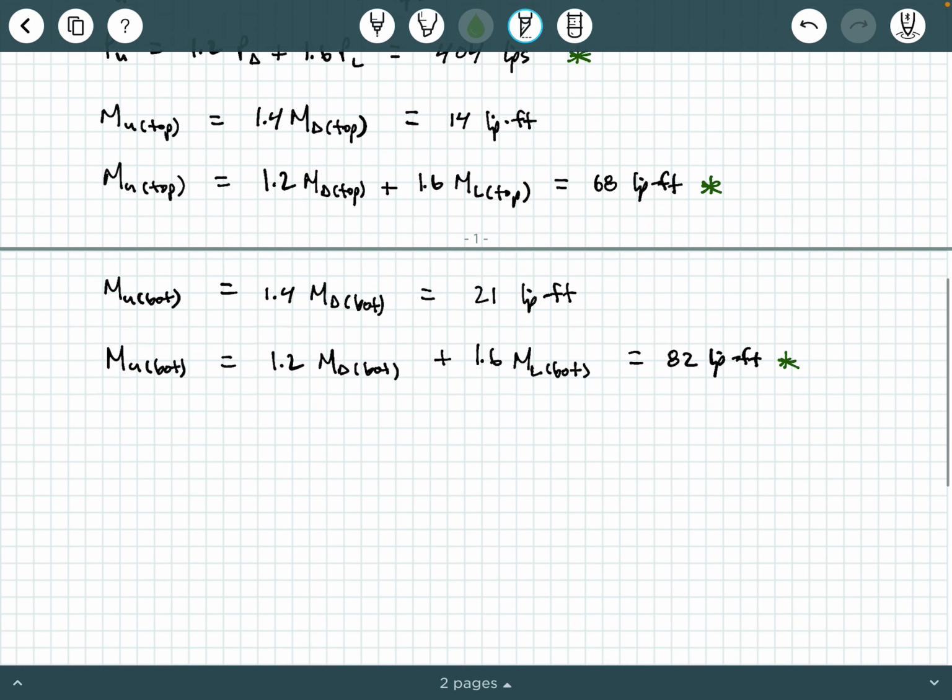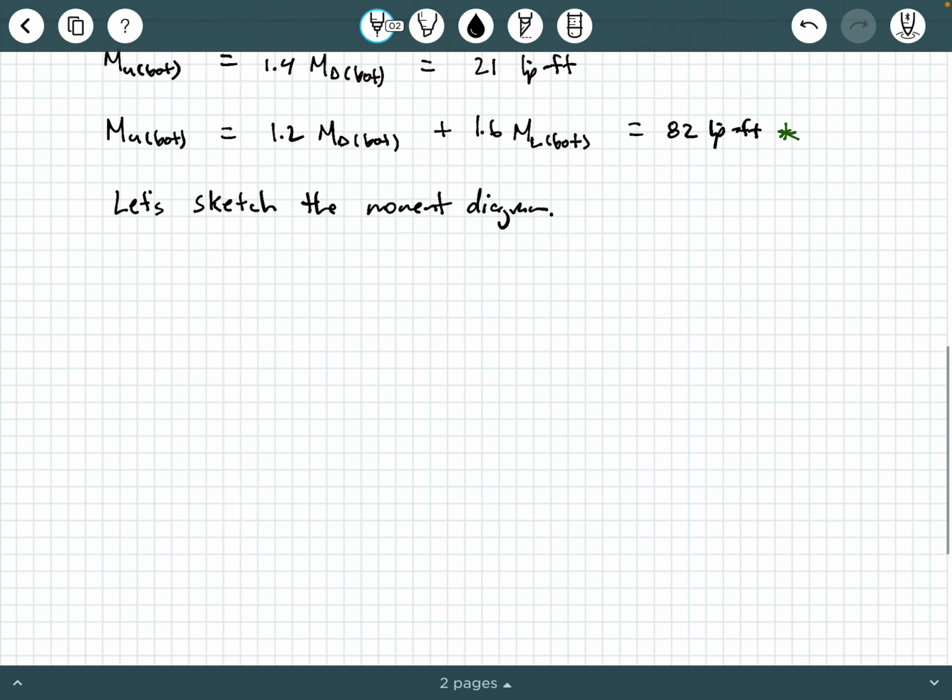We have the MU values at the top and the bottom. Let's go ahead and sketch out the moment diagram just to have it, okay? Sketch the moment diagram for the member. You're going to see that this is going to be helpful to us in one of our later steps.